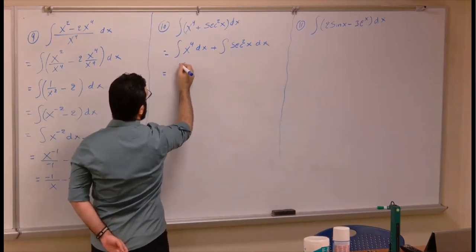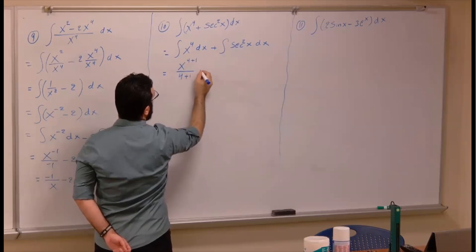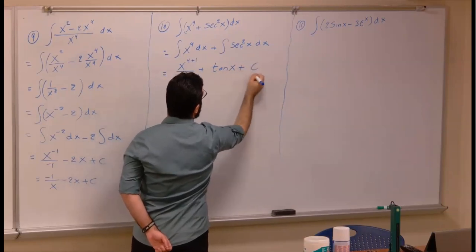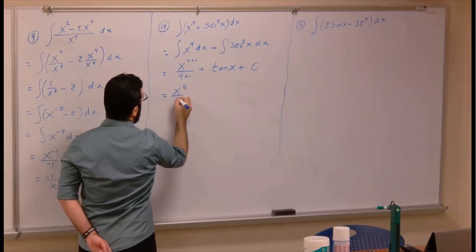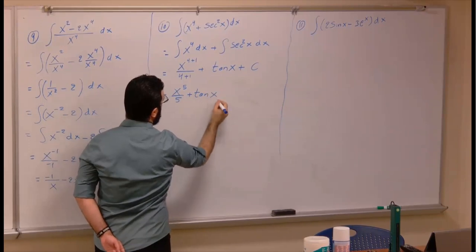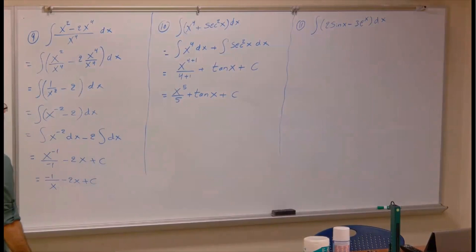You're going to add 1 here, so x to the 4 plus 1 over 4 plus 1, plus the integral of secant squared, which is tangent x, plus you have to add the c. That means it's going to be x to the 5 over 5 plus tangent x plus c. That's it for this one.